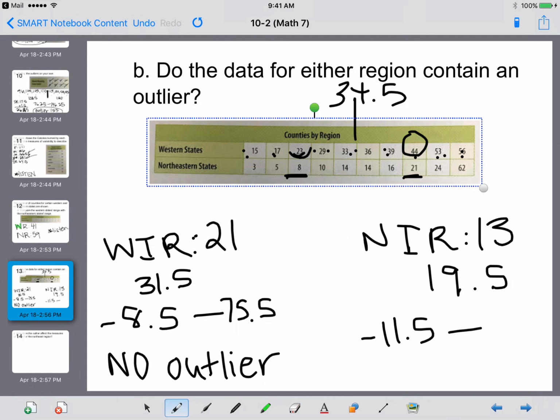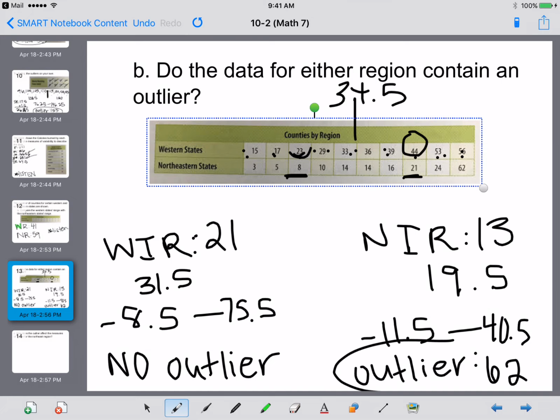And then we're going to take 21 plus 19.5 to get 40.5. So our northern states have an outlier of 62, because 62 is greater than 40.5. So yes, our northern states have an outlier, and no, our western states do not.